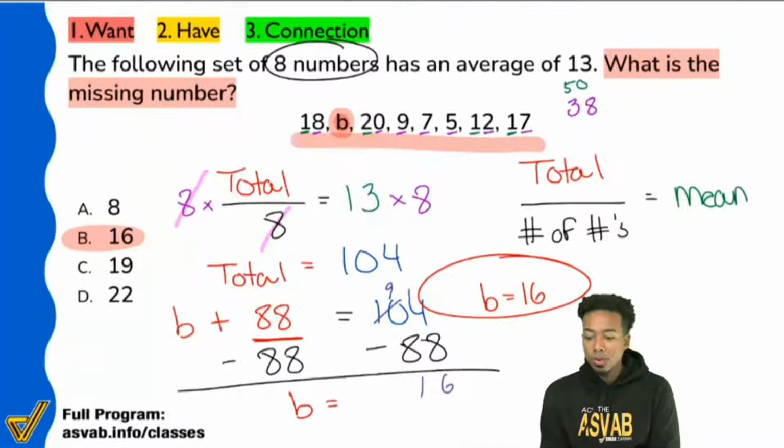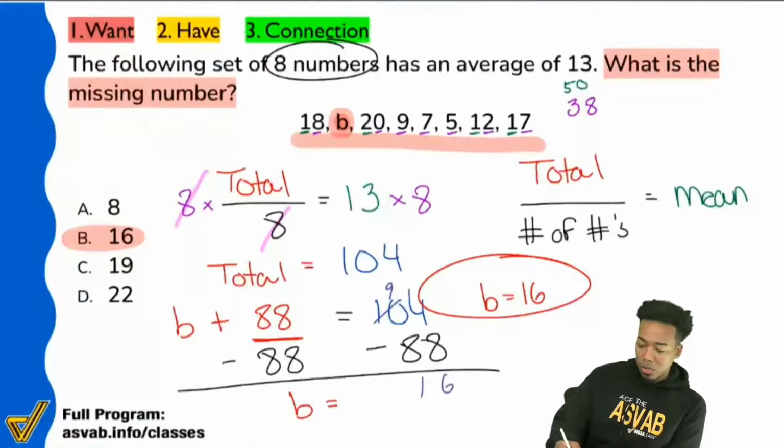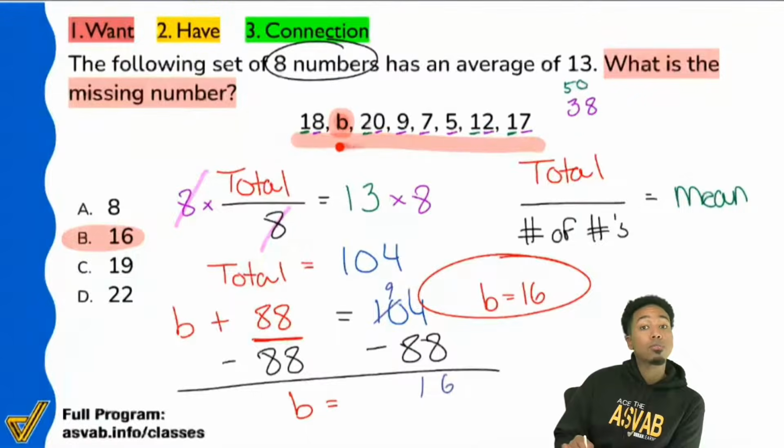Yeah, David. So it sounds like Josephine. So David, the 104 came out because we found out that the total is 104 because we set up our formula. When we set up the formula right over here, look right above me, that formula, you have the total of the numbers, divide by the number of numbers, you get the mean. That list of numbers, everybody, when you add it all up, where does it belong?